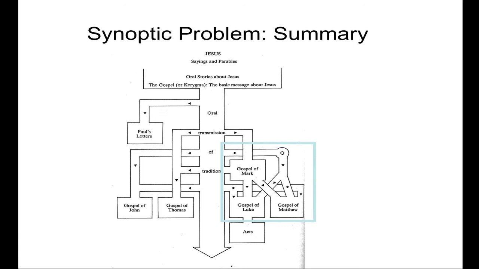And what I like about this diagram is that you see that it incorporates something kind of like the two-source hypothesis. You got Mark, and you got Q, and you got Luke, and you got Matthew. But that isn't the whole story. You have oral transmission the whole time, even after the Gospels are written, even after Q is written.